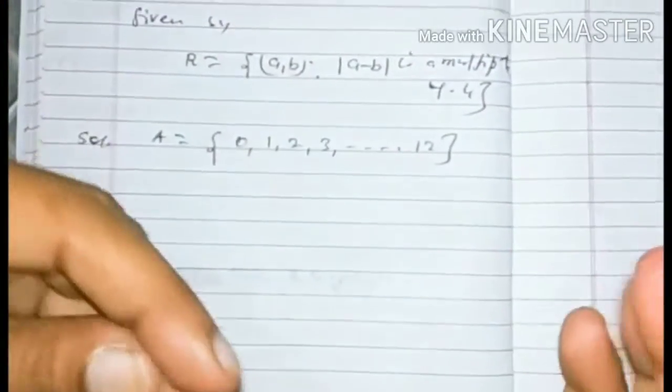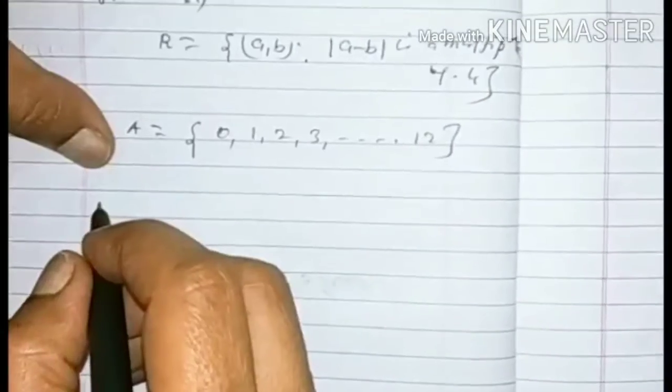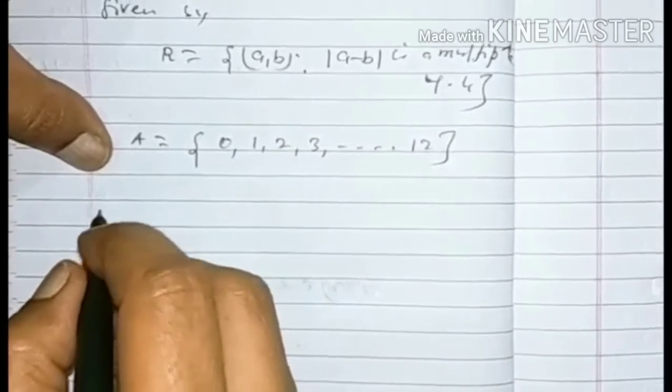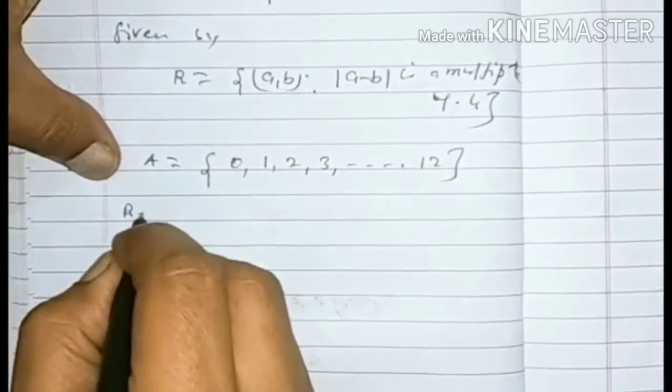Now we have to check reflexivity, symmetry and transitivity. First of all, reflexivity.